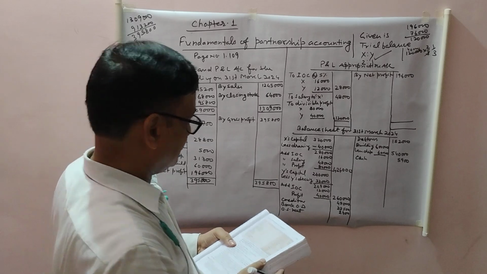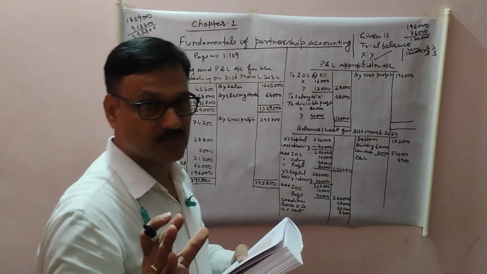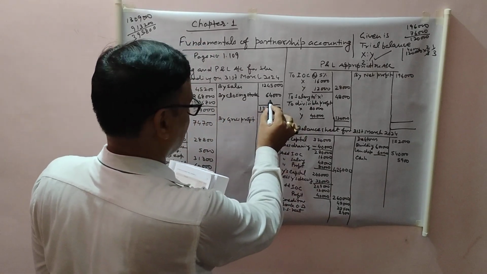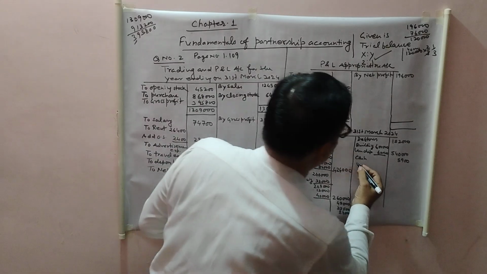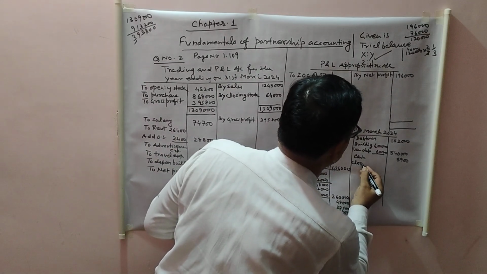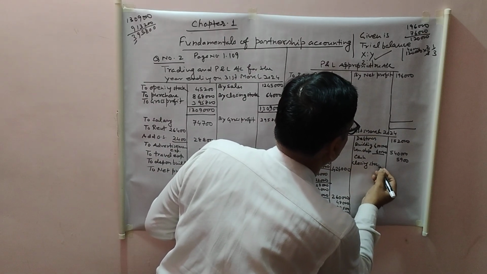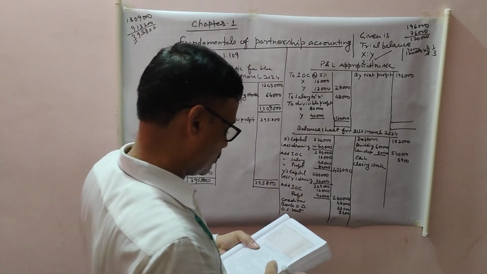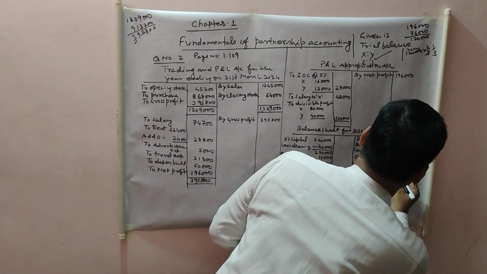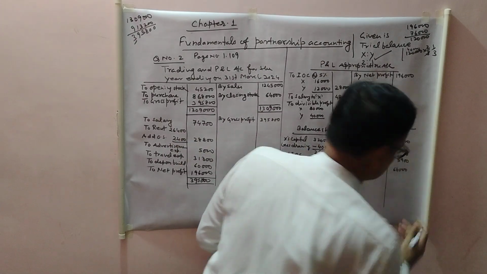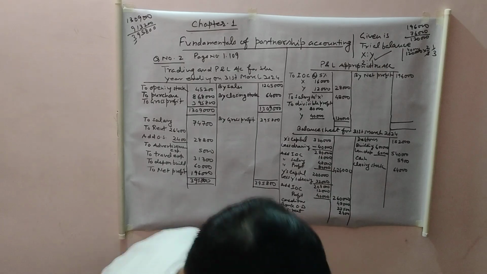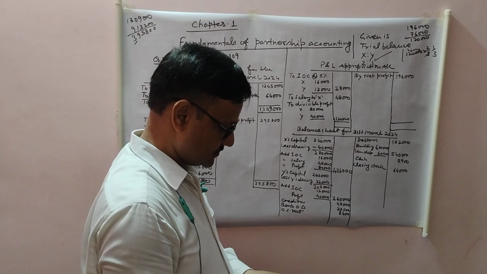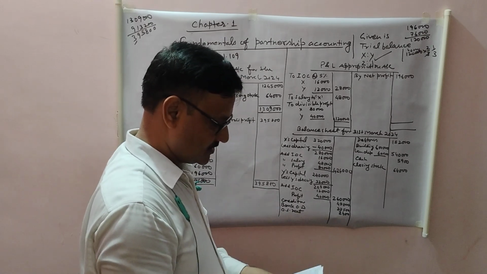Closing stock, yes, adjustment items go at two places. So closing stock you have shown here in the trading account, and now this will also be shown here in the balance sheet. Closing stock, and that is 64,000. So let us match the things.